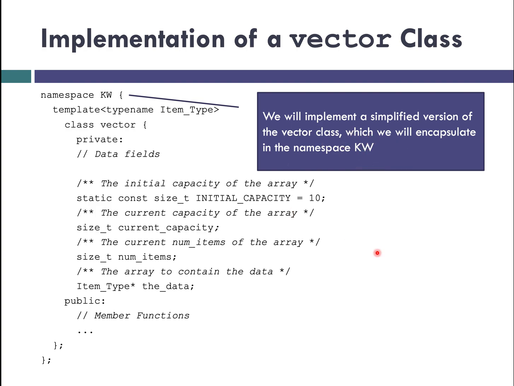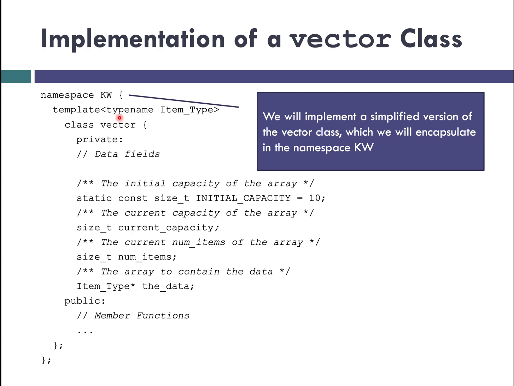They're going to create a vector class with functions. Notice that it's a template class with a type name, item type, and any place you see item type, for example here, a pointer to an item type, it will be replaced with whatever type you've defined for this container.